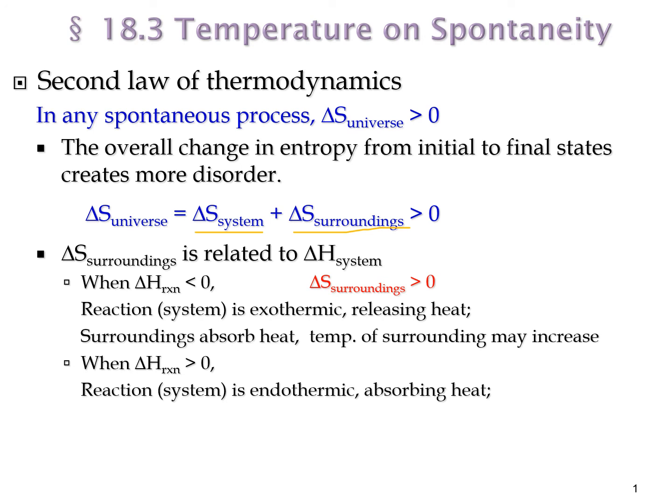If a reaction is endothermic, delta H of the reaction must be greater than 0. Since it's greater than 0, the system absorbs heat, and the heat comes from the surroundings. In other words, the surroundings release heat, lose heat. Two consequences for the surroundings after losing heat.